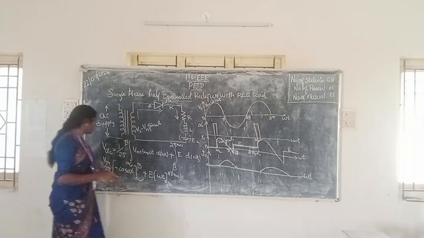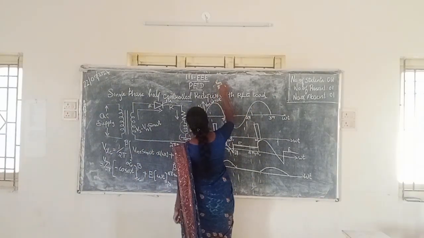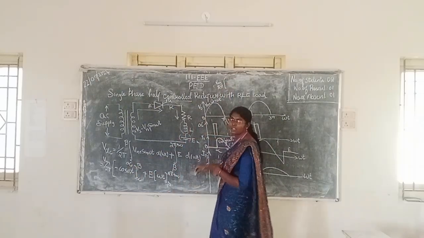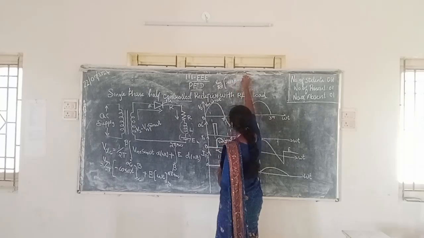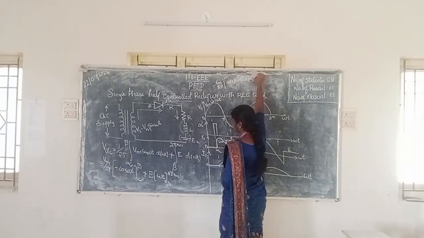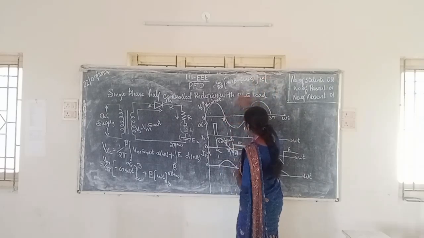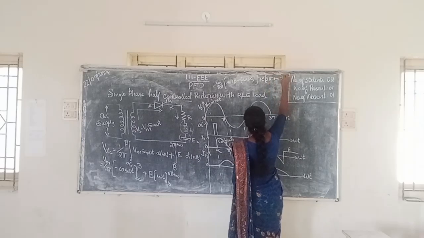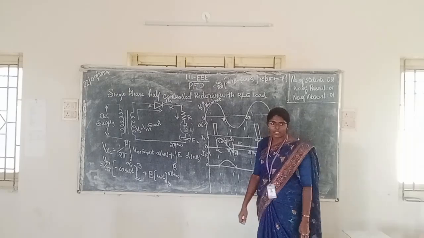While substituting the limits, it will be Vm by 2 pi into minus cos beta minus of minus cos alpha, plus E into the upper limit 2 pi plus alpha, minus the lower limit beta. Upper limit minus lower limit is the rule for integrating, right?